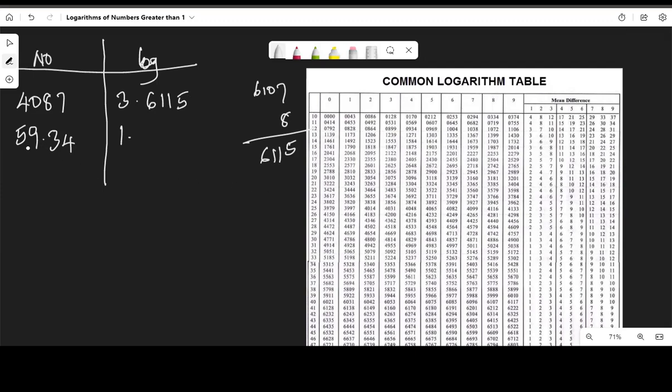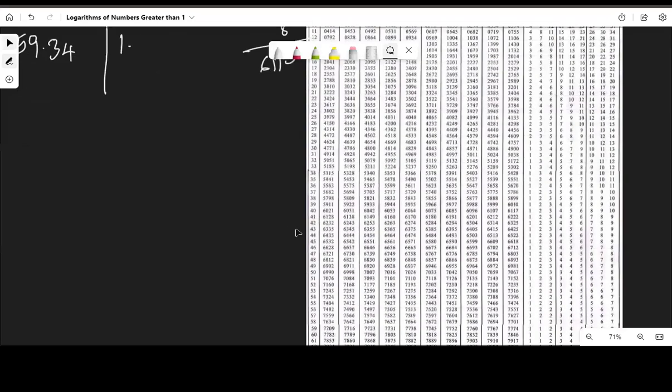For the next number, 59 under 3, difference of 4. 59 under 3 is right here. 7731. Then difference of 4.